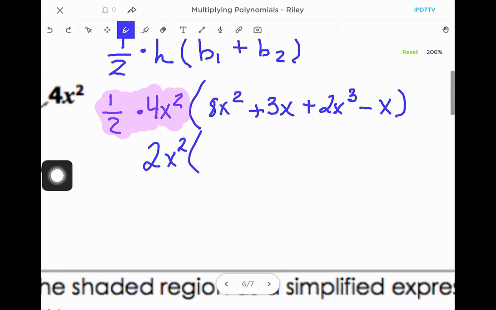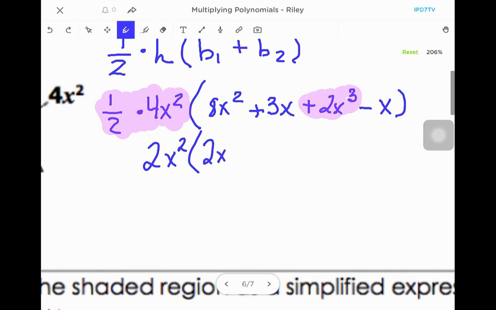And then let's bring all this down. 8x squared plus 3x. Let's see. Before I do that, let's back up a little bit. Is there anything up here in this section that we could combine like terms to make our lives a little simpler? Well, is there anything that can go with 2x cubed? Not that I see.